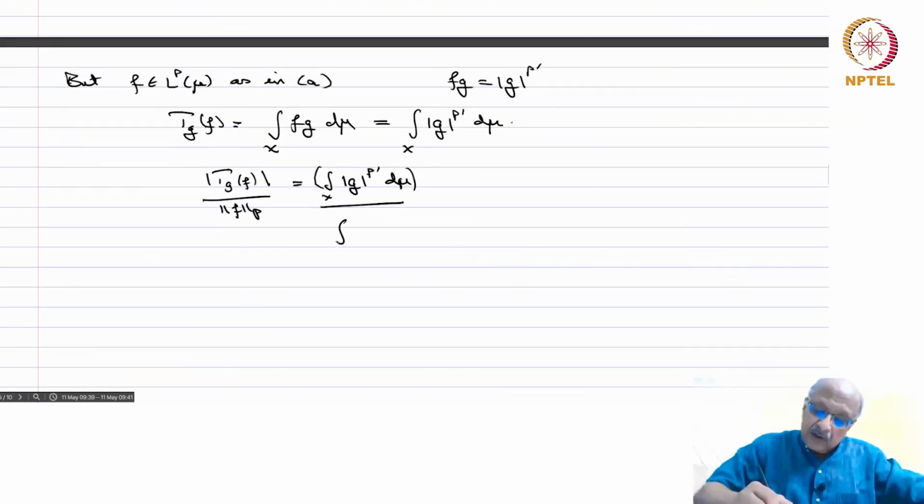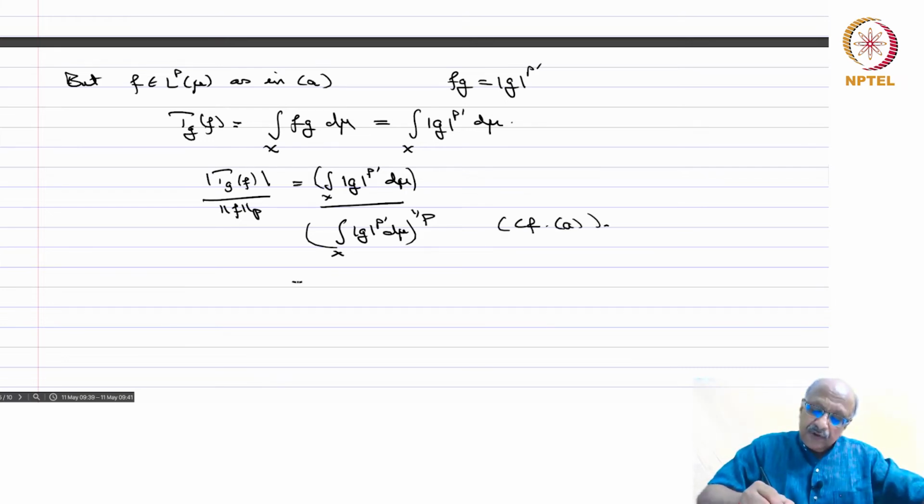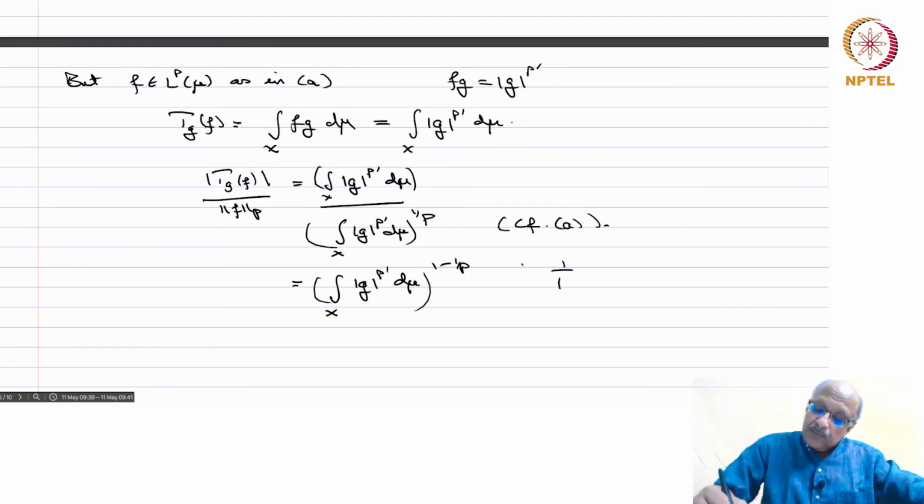So this is (integral over X of mod g power p dash d mu) power 1 by p. And therefore this is equal to (integral over X of mod g power p dash d mu) power 1 minus 1 by p, and 1 minus 1 by p is equal to 1 by p dash, and therefore this is equal to norm g_p dash.